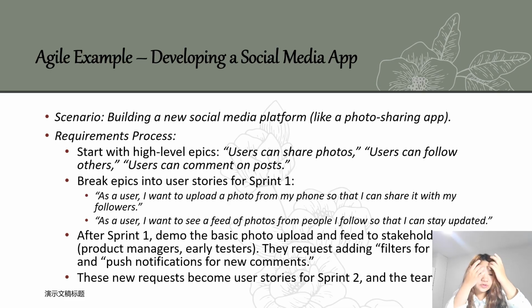Take a photo sharing social media app. Social trends change fast, so Agile fits perfectly. We start with high level epics like users share photos or users follow others. For Sprint 1, we pick critical user stories: upload photos from a phone, view a feed of followed users.